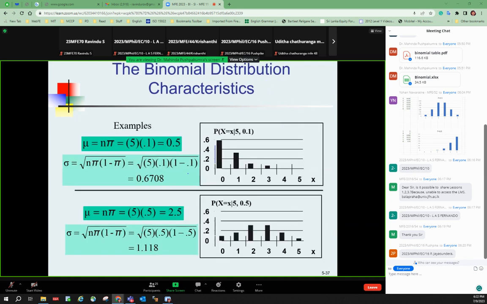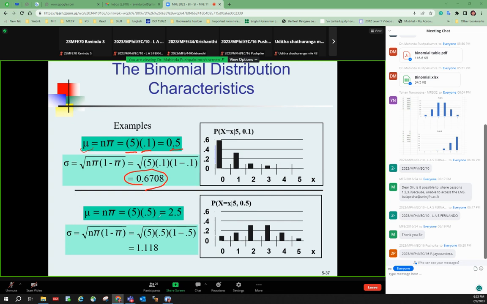Then you can see here mu or expected value. For n equal 5 and probability of success 0.1, the expected value is 0.5. Then the standard deviation is 0.6708.